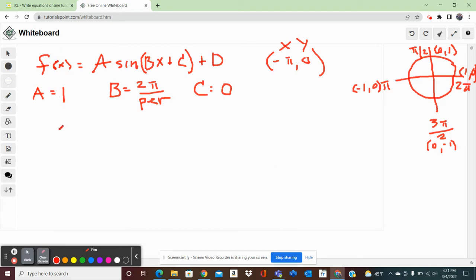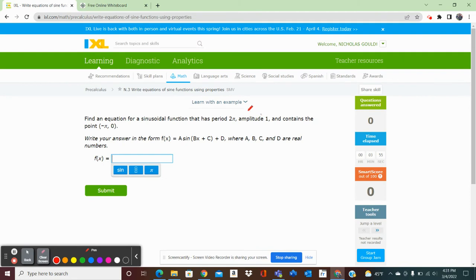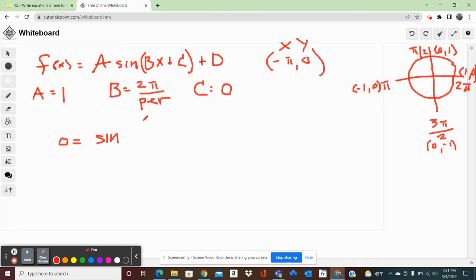f of x is the same thing as y. So for this equation, we have 0 is equal to a, which is just 1, times sine of our b, which is 2 pi over our period. Our period is 2 pi, so that's just 1 as well. Then we substitute our x, which is negative pi, plus d.